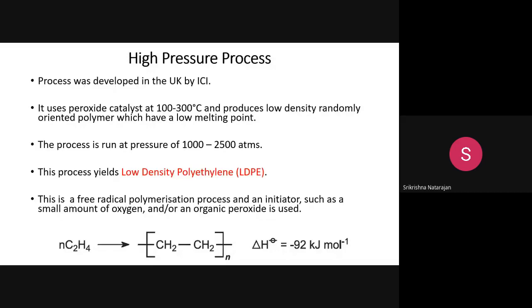It's a free radical polymerization, because it involves the addition of an initiator that will produce the free radical. What are the types of initiator you can use? You can use oxygen, or an organic peroxide, so that through this reaction ethylene undergoes polymerization to produce polyethylene.